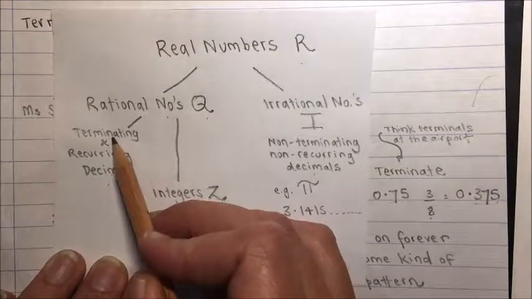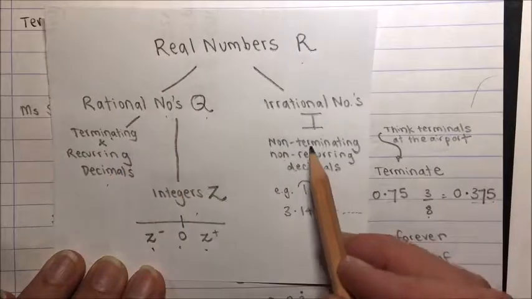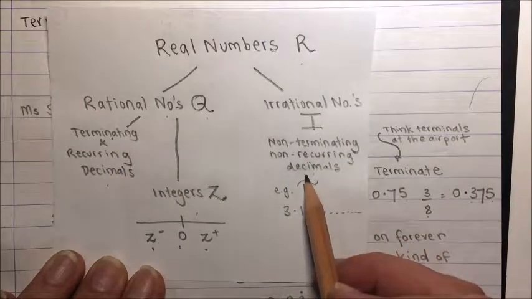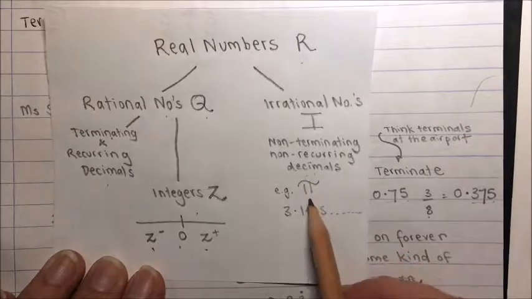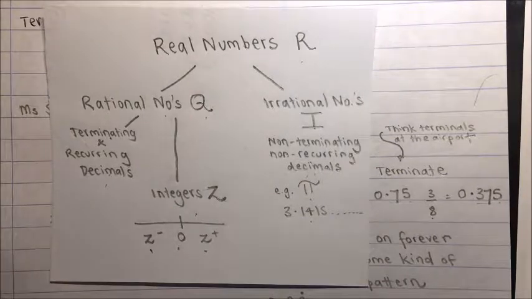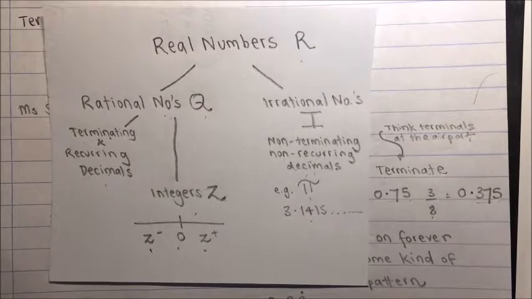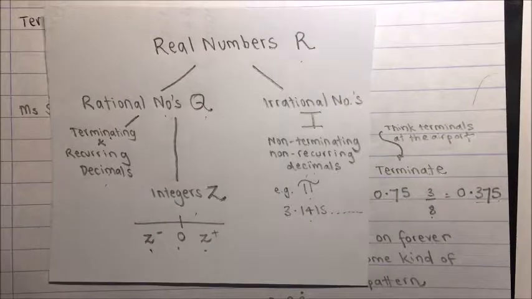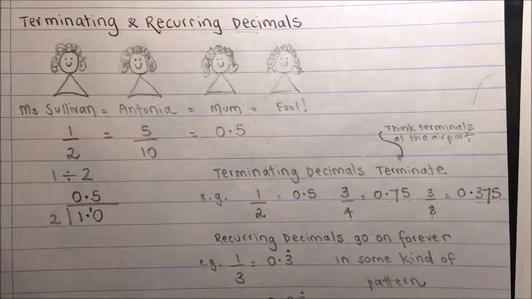These ones terminate, they wrap up nice and neatly, and then there are non-terminating, non-recurring decimals that go on forever in no pattern. Things like pi. So 3.1415, and it continues on forever with no repeating pattern. Kind of cool, hey? So pi is irrational. That's just something that's really interesting to know. It's not something that's going to be on your exam. Cheers!